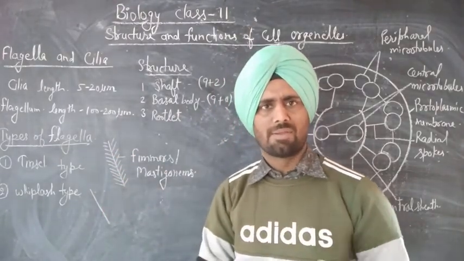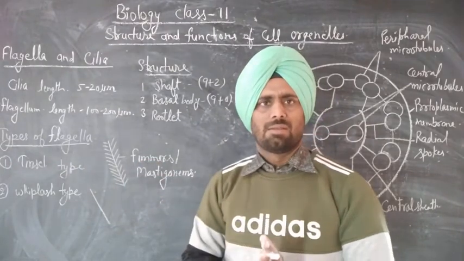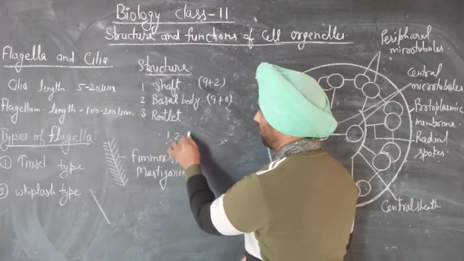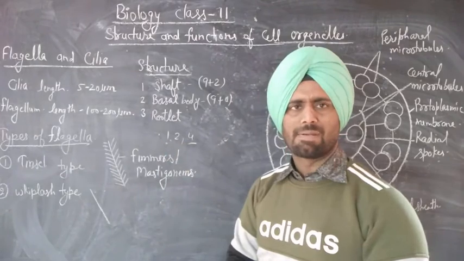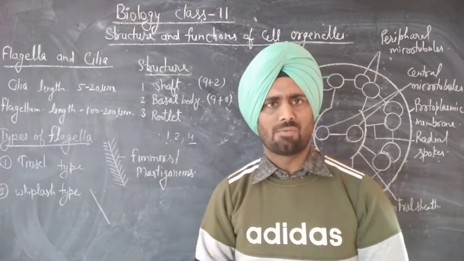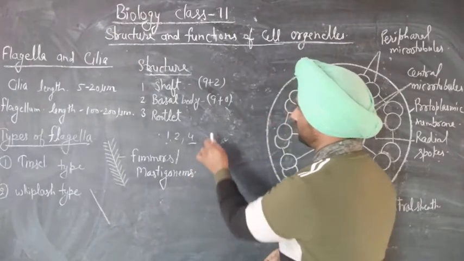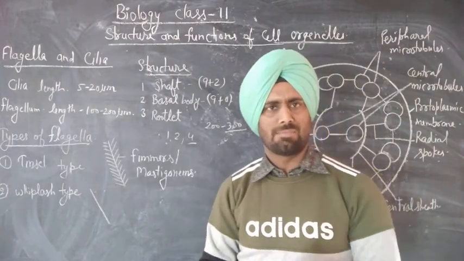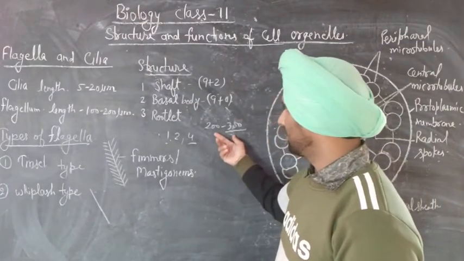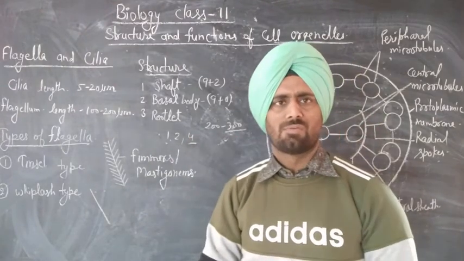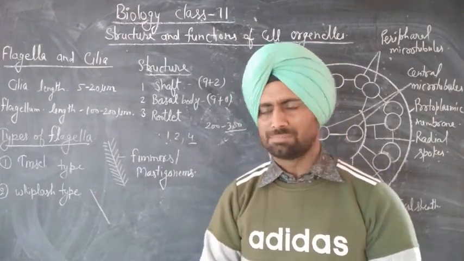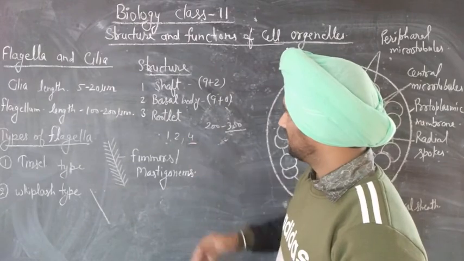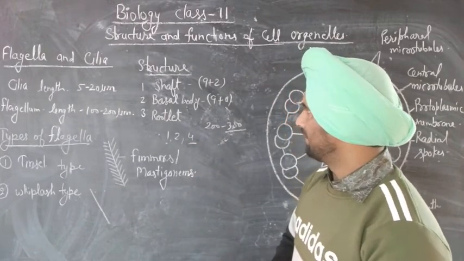Flagella are present in 1, 2 or 4 in number in an animal, but cilia are found in large numbers, 200 to 300, in an animal. Flagellum is found in 1, 2 or 4 in number at maximum. So this is the difference between cilium and flagellum.